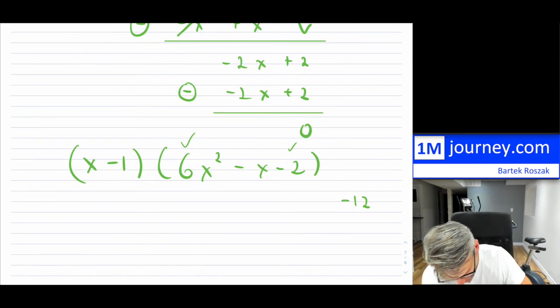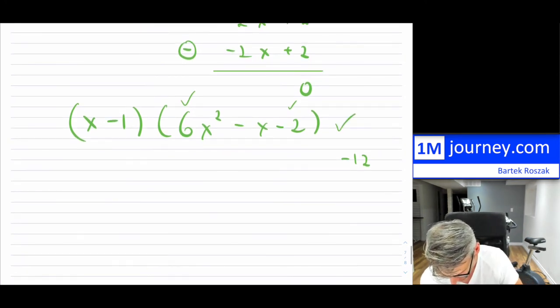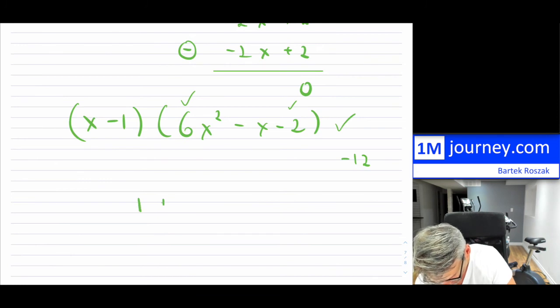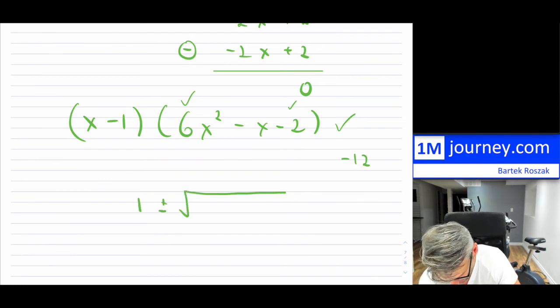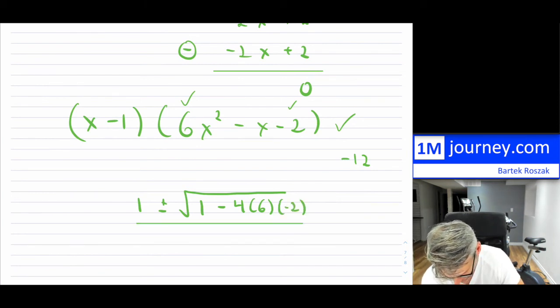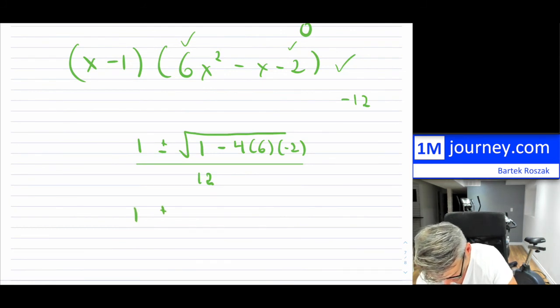If it's going blank and it's a test, then I just use the quadratic formula. So for the quadratic formula, I will have negative b, which is going to be 1, plus minus, let's see, I mean maybe it's not factorable, but let's see. So b squared, that's going to be 1, minus 4ac, divided by 2a, so that's 12. I think I screwed something up somewhere.